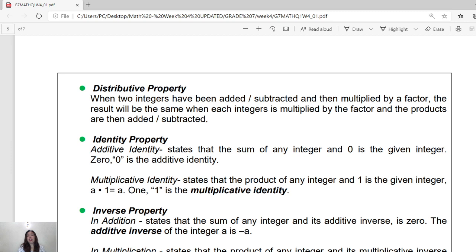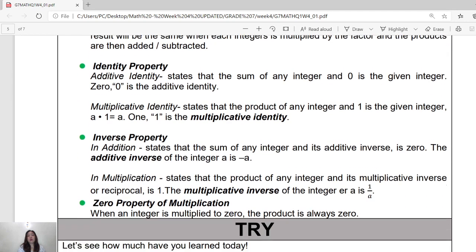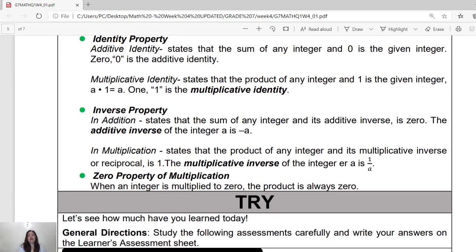Next, we have inverse property. For the inverse property, in addition, it states that the sum of any integer and its additive inverse is 0. So the additive inverse of A is negative A. Additive inverse of 9 is negative 9.